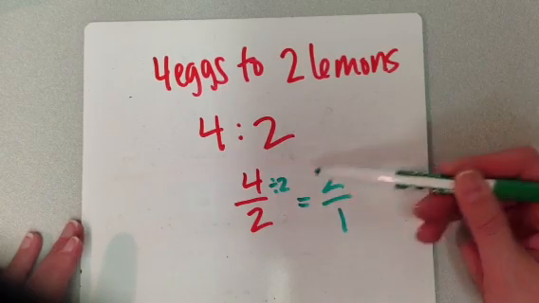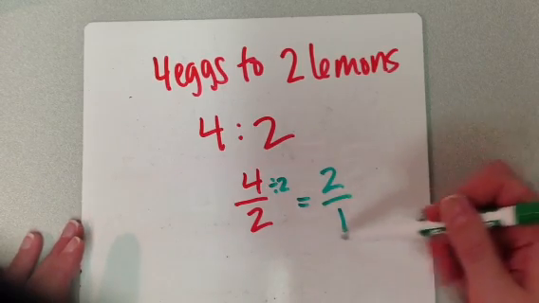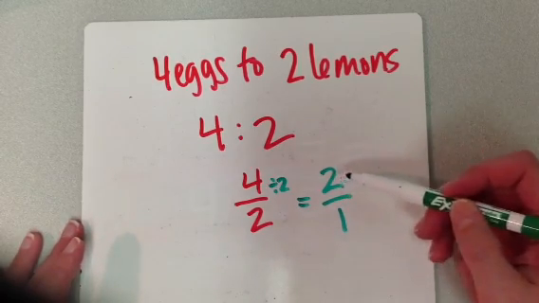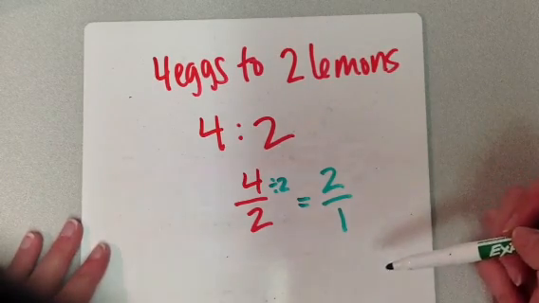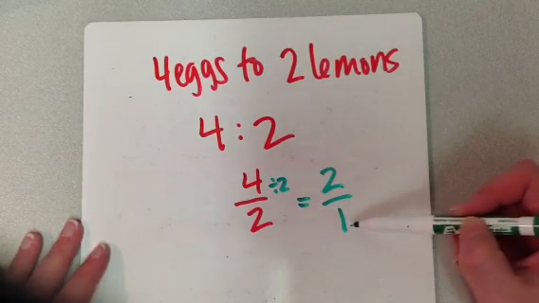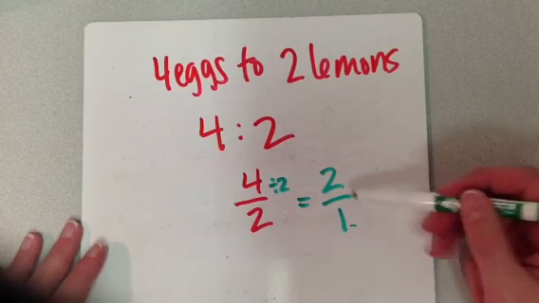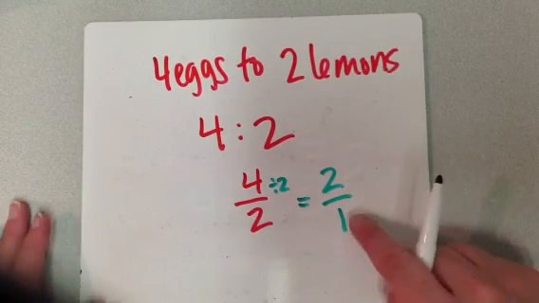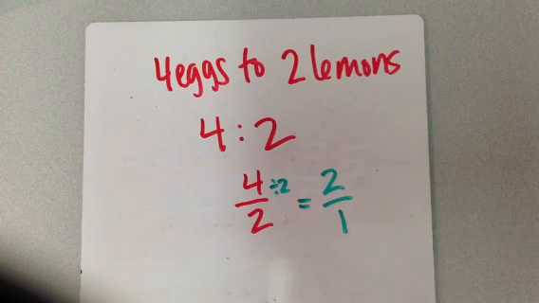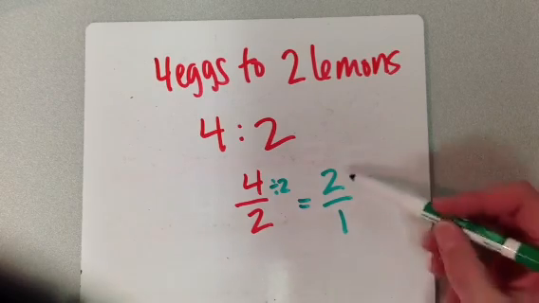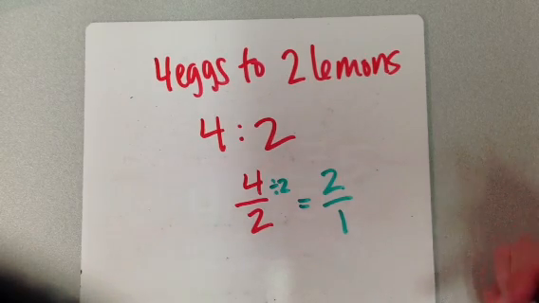If this was a fraction, we would just say that this was 2. But because it's a ratio, we want to leave this 1 on the bottom. Because if we get rid of it, like we would when dealing with a fraction, we would lose the fact that the 2 is in relation to the 1. And we don't want to lose that.